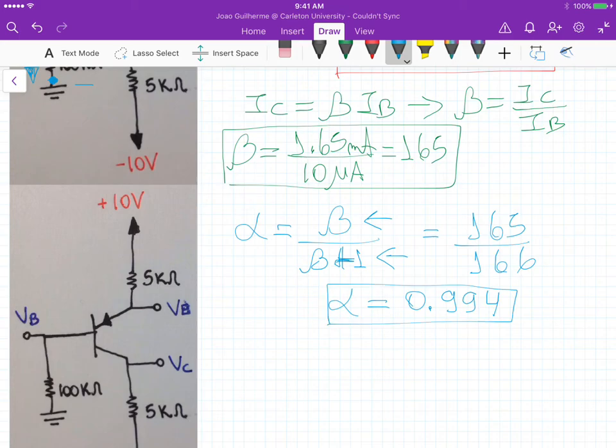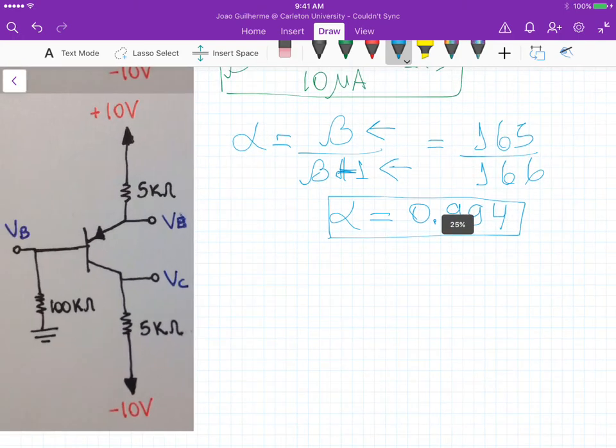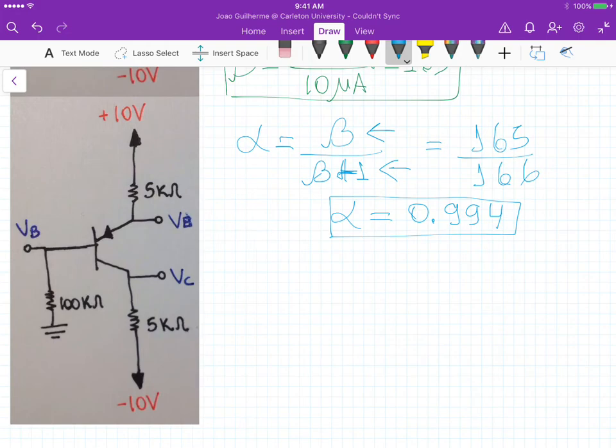And now we still need to define the voltage at the collector. We know the current at the collector, this IC, and we know this potential here, so we apply the same condition.